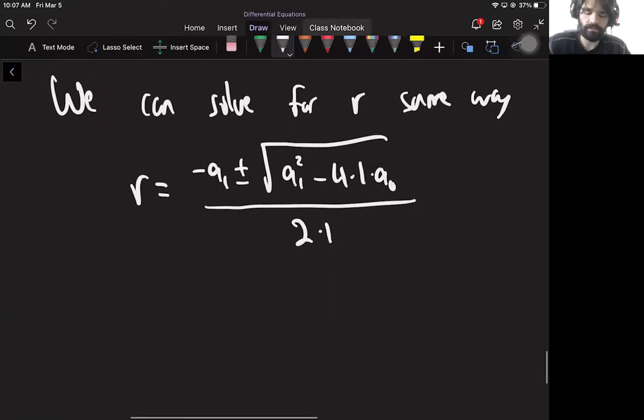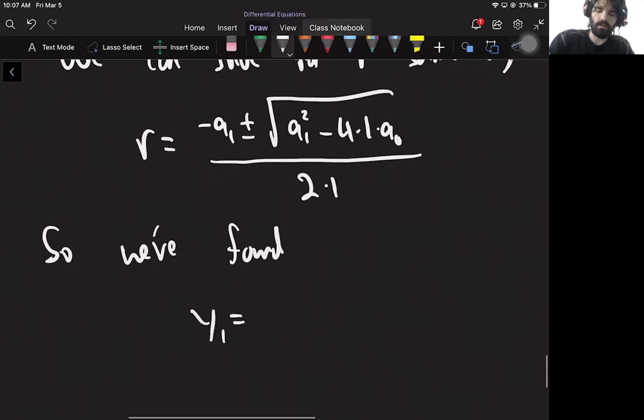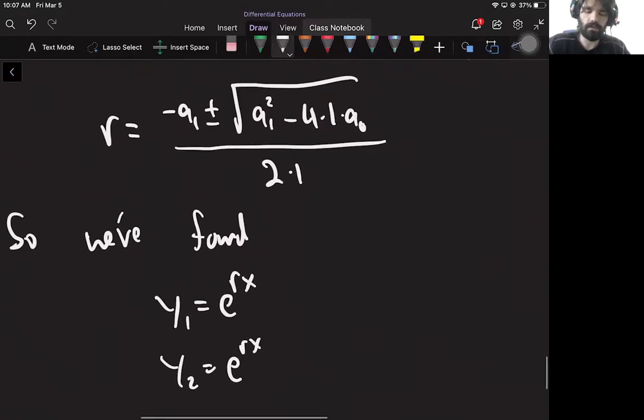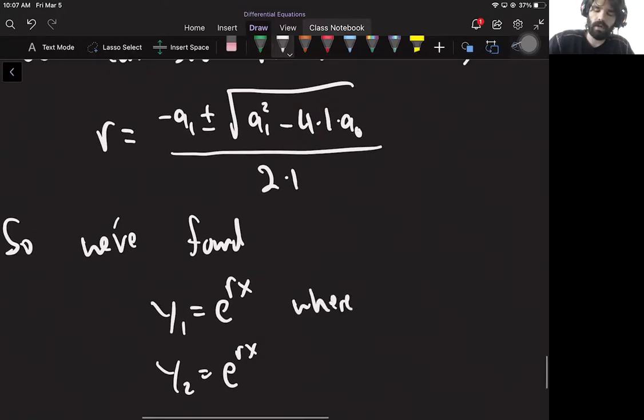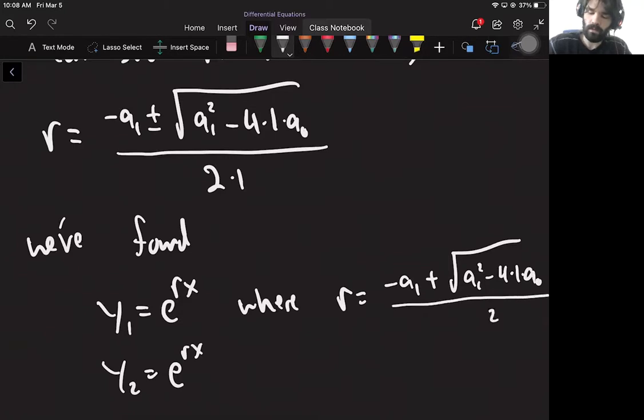So what we've done is that we found that there are two solutions. y1 equals e to the rx. These are both solutions where r equals either the plus from the quadratic formula or where it's the minus part.